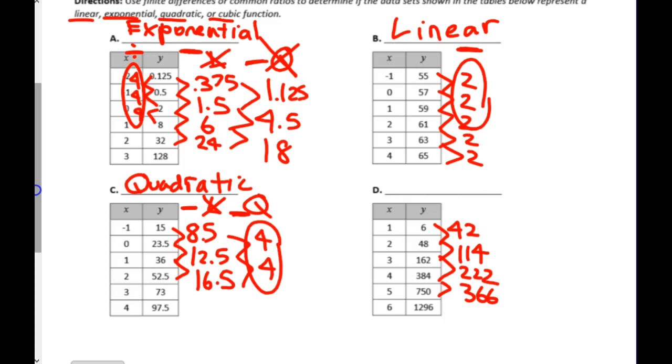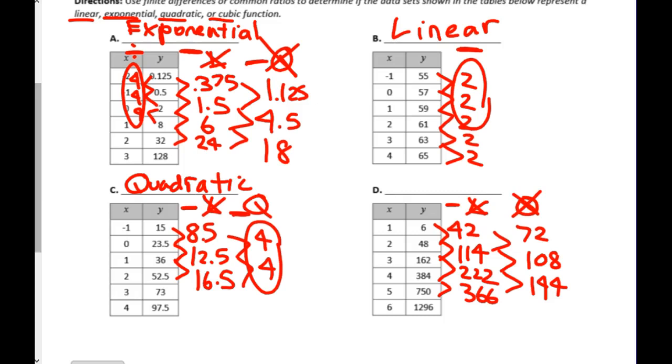Now, is it linear from the first difference? No. Okay, let's try the second difference. 114 minus 42 is 72. 222 minus 114 is 108. And then 366 minus 222 is 144. Is it quadratic?